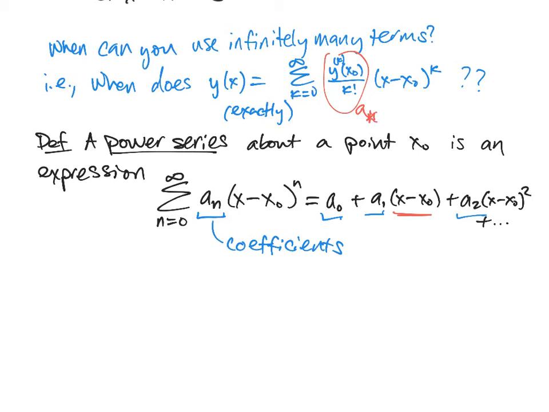I used a k up here and an n here, and that letter is just a dummy variable, the way that you have a dummy variable in an integral, and you can swap it out depending on what you want to do.